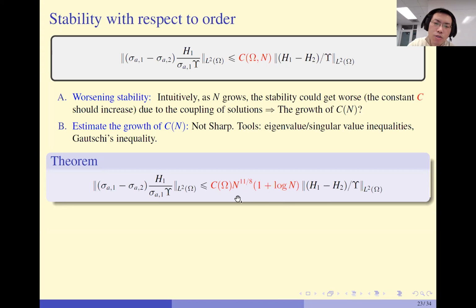So intuitively you can counter this part if you get some kind of faster decay in this source function. You can counter this kind of growth. And I also want to emphasize that this power is not sharp. It still can be optimized, but I didn't do that.